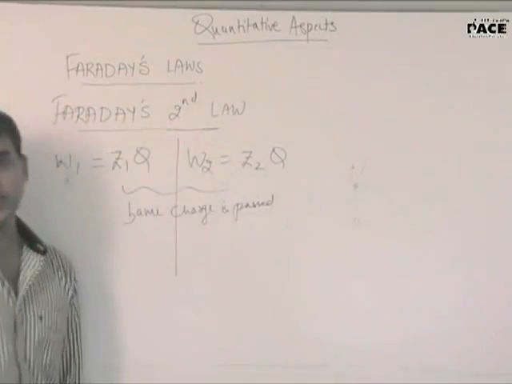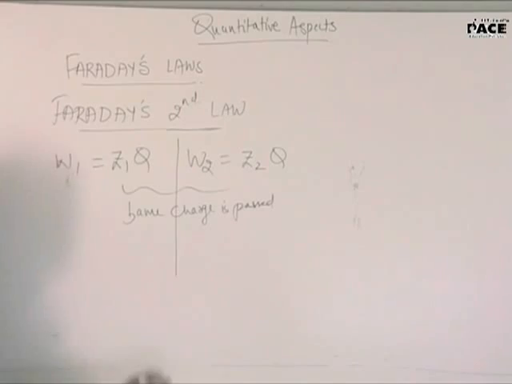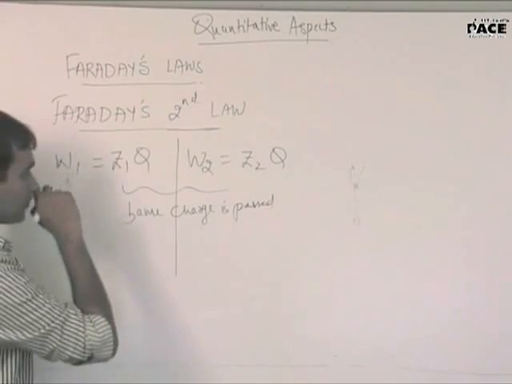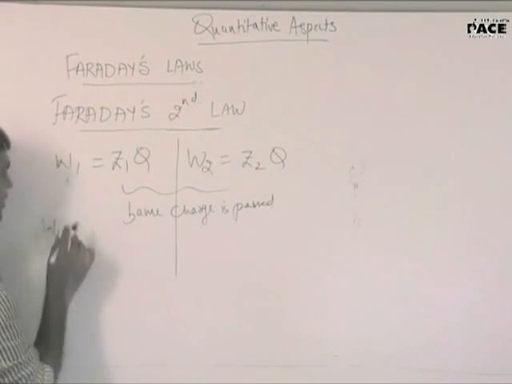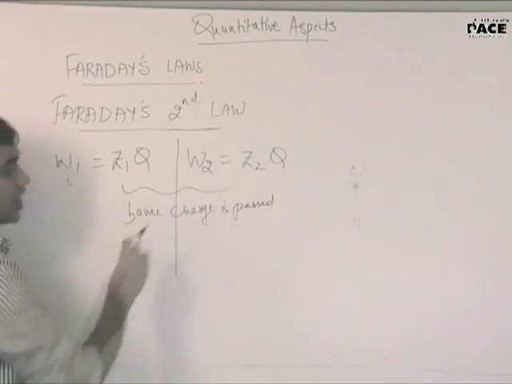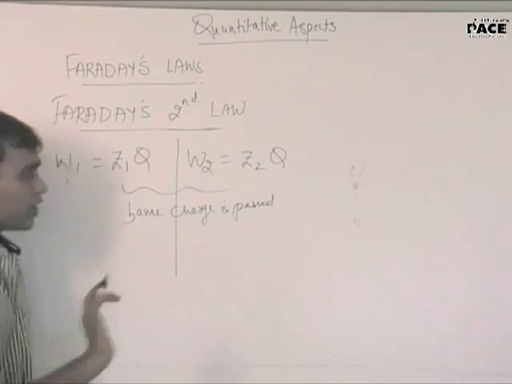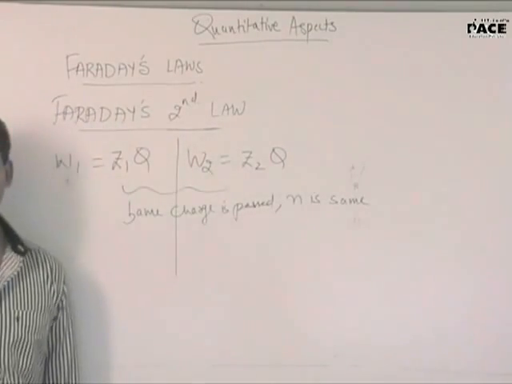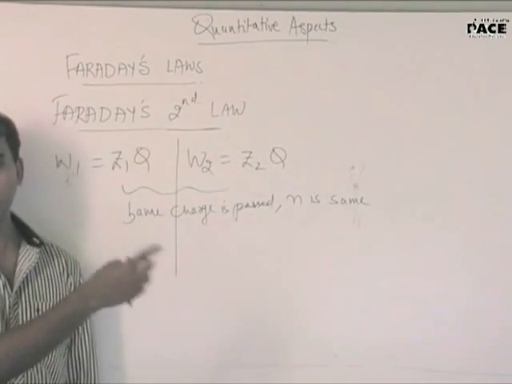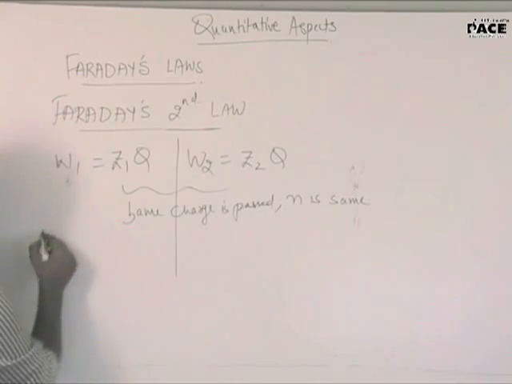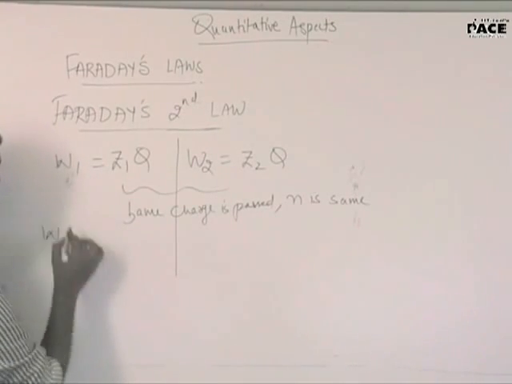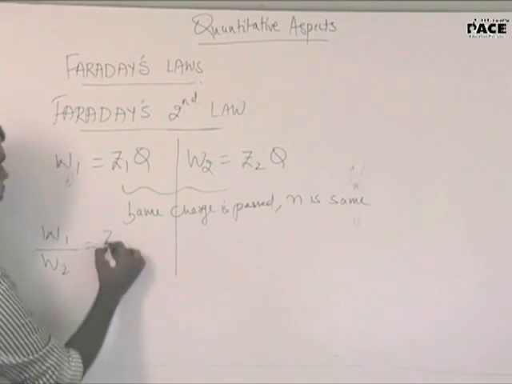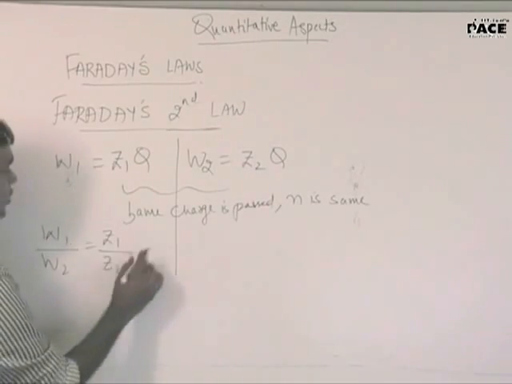This is from Faraday's first law, right? And in this case I also assume that n is the same, the number of electrons transferred in both cases. So I can say W1 by W2 equal to Z1 by Z2.